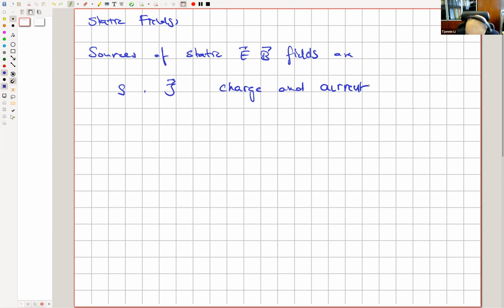So the important question is: what drives charges around a wire, and therefore produces current?